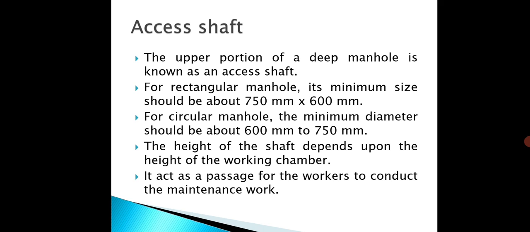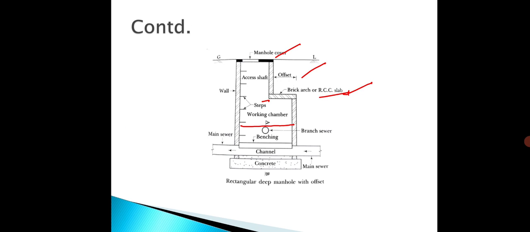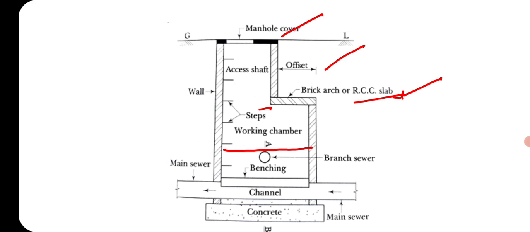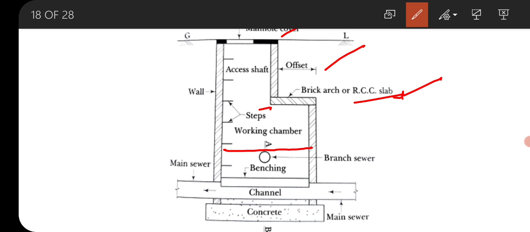The upper portion of a deep manhole, see here, this one is the access shaft. The upper portion of the deep manhole is known as access shaft.